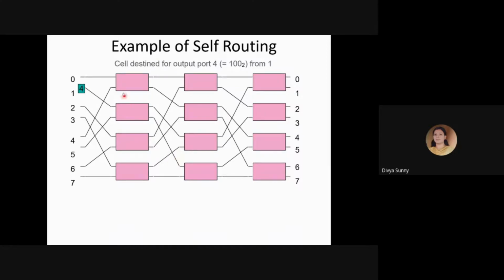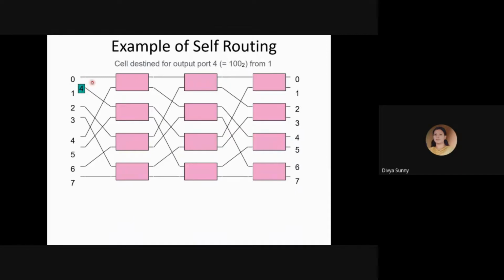So here there is a cell destined for output port 4. Okay, so the source is port 1 and the destination is port 4. At the source, a 3-bit pattern will be generated and it is equivalent to the destination.